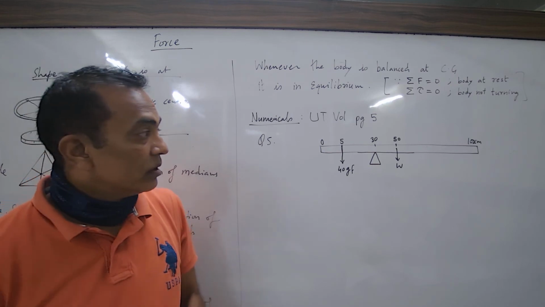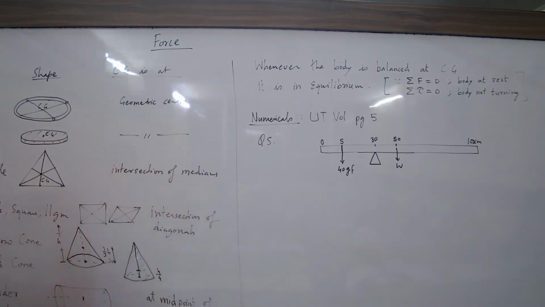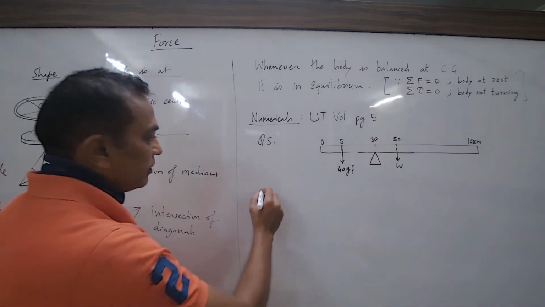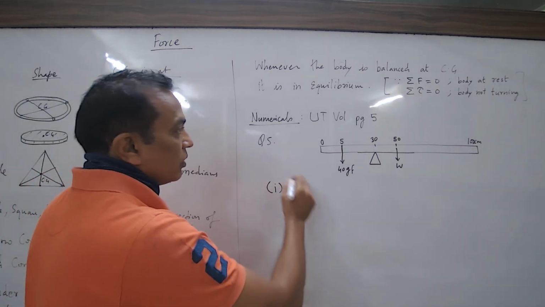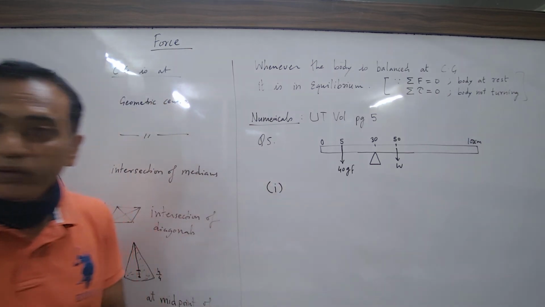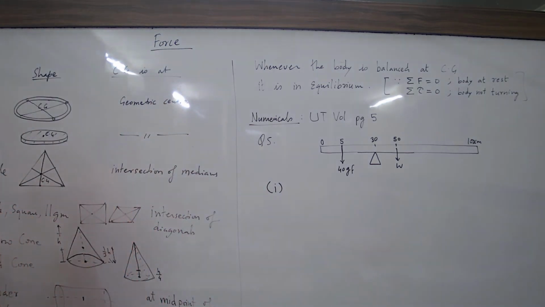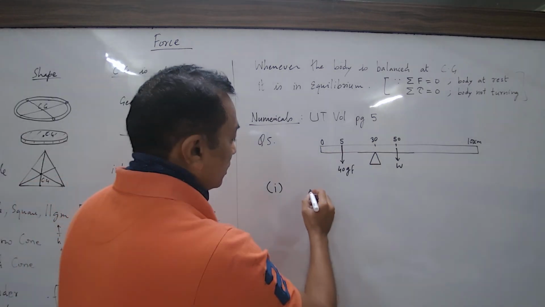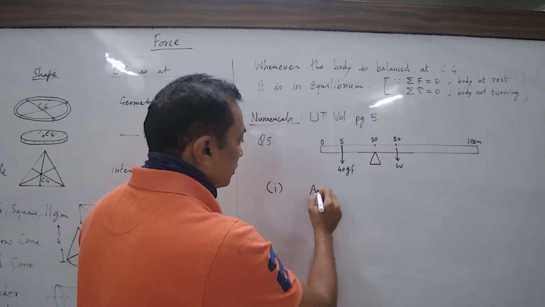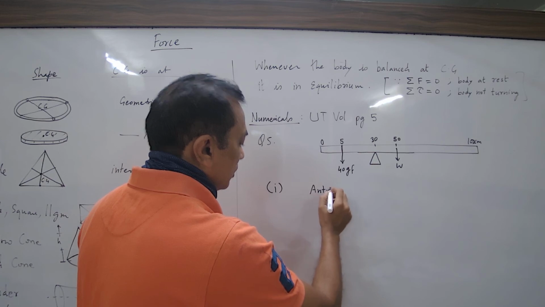Okay. So now the first part of the question is: calculate the weight of the meter scale. Right. So now this is in equilibrium. So in equilibrium, what happens? By the principle of moments, the sum of the anti-clockwise moments should be equal to the sum of the clockwise moments at equilibrium.